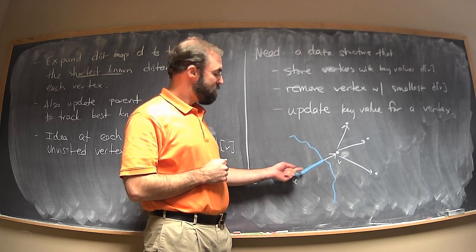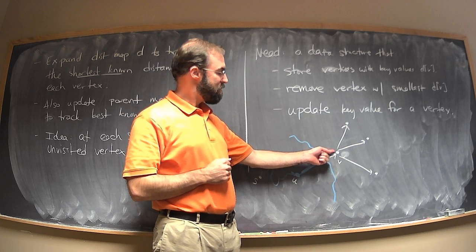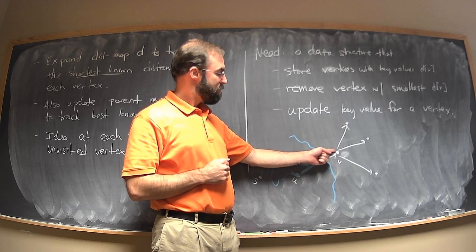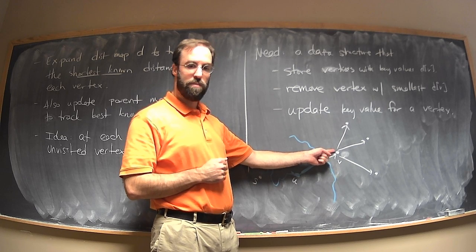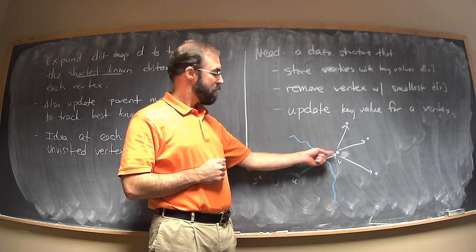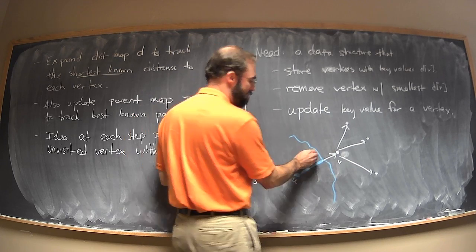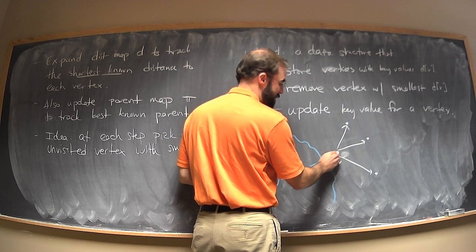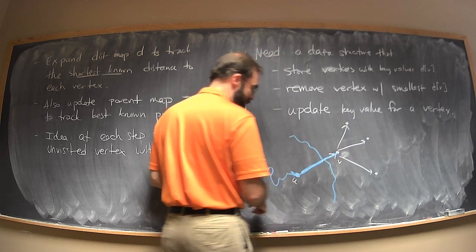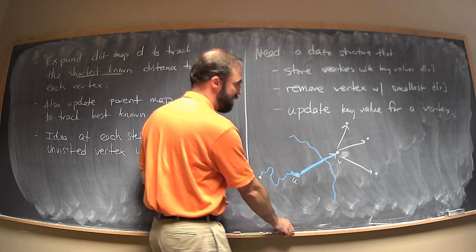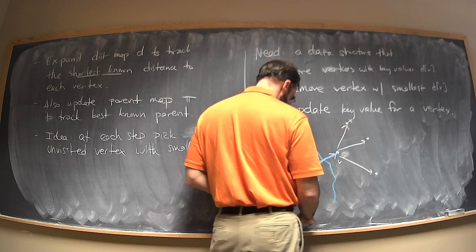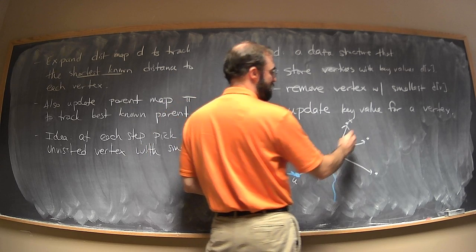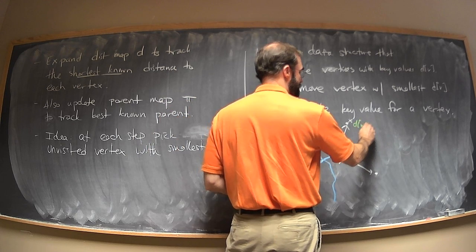And then we discover that V is the next vertex we're going to reach. So the water is expanding out to here. But now here's the thing. Maybe here's x. Let's put some concrete numbers on here.